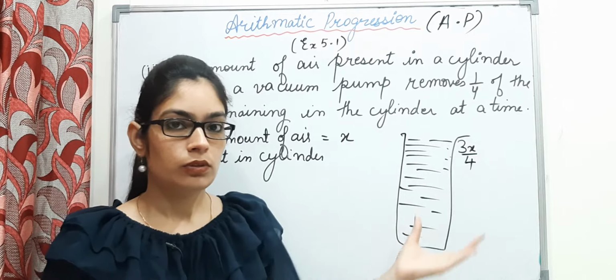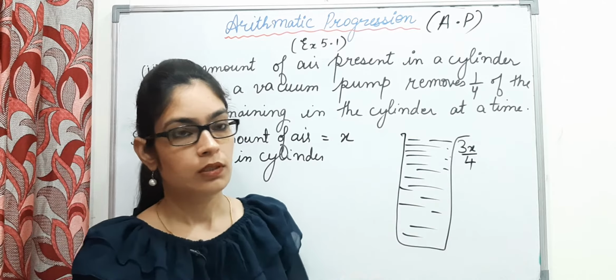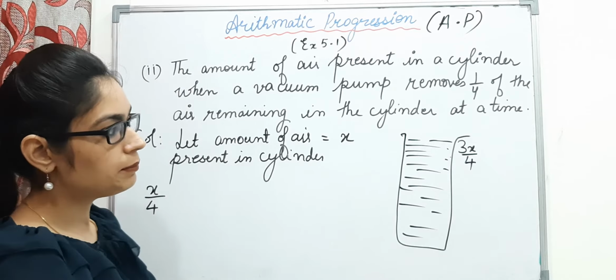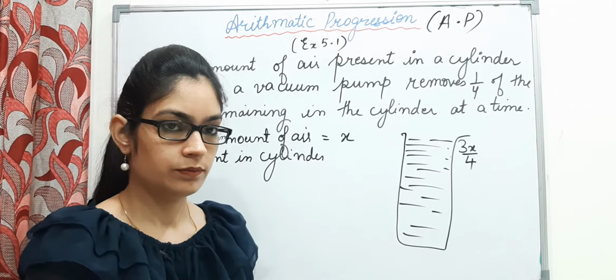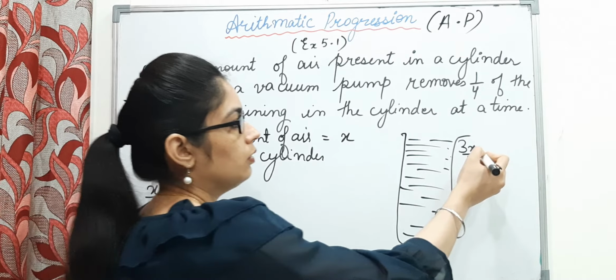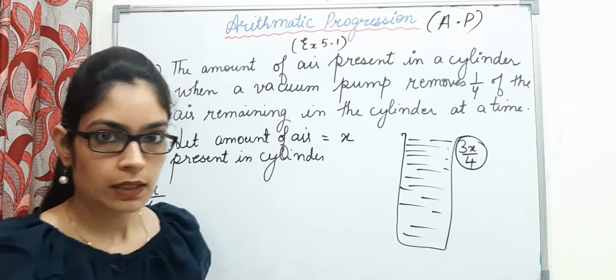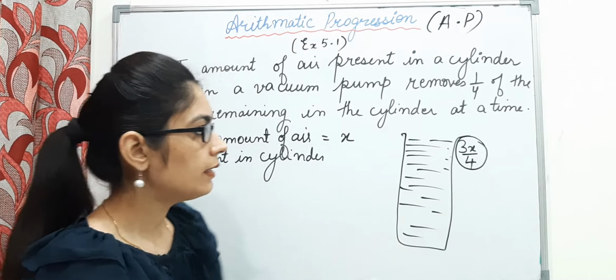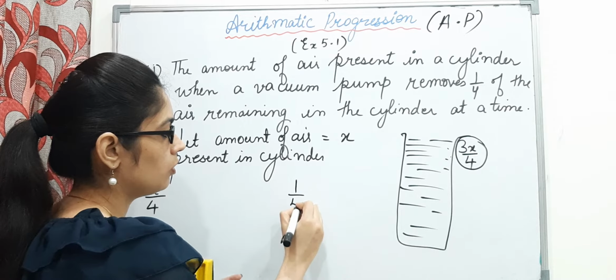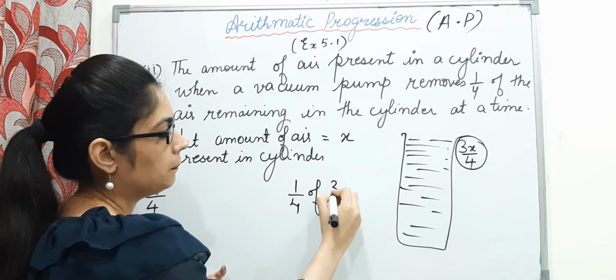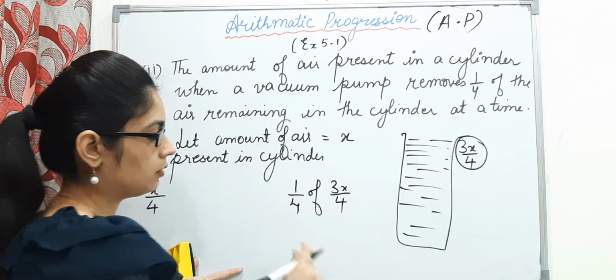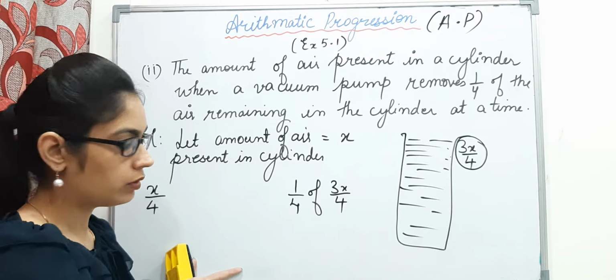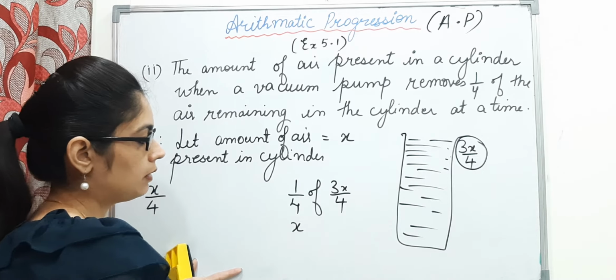Again 1/4 of this will be removed. So let's find out how much will be removed this time. The air which will be removed now will be 1/4 of the present air. This is the present air, so 1/4 of 3x by 4. What is 1/4 of this?